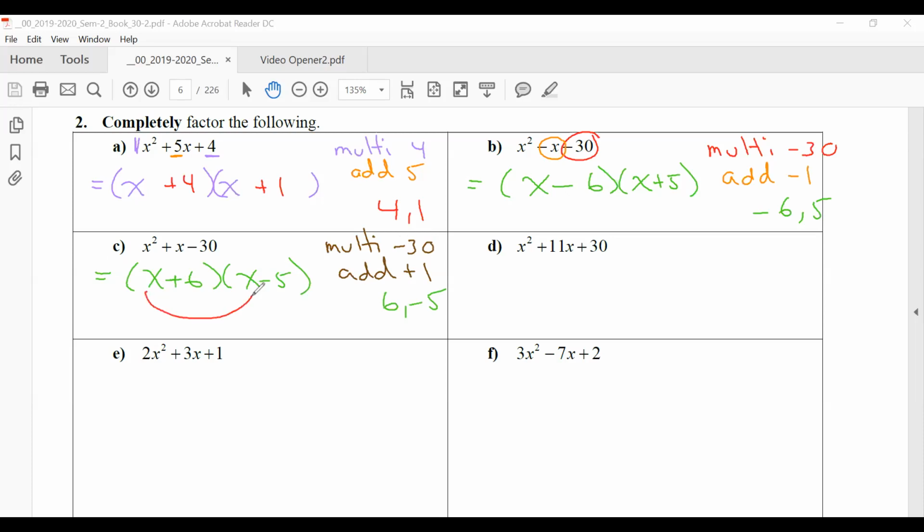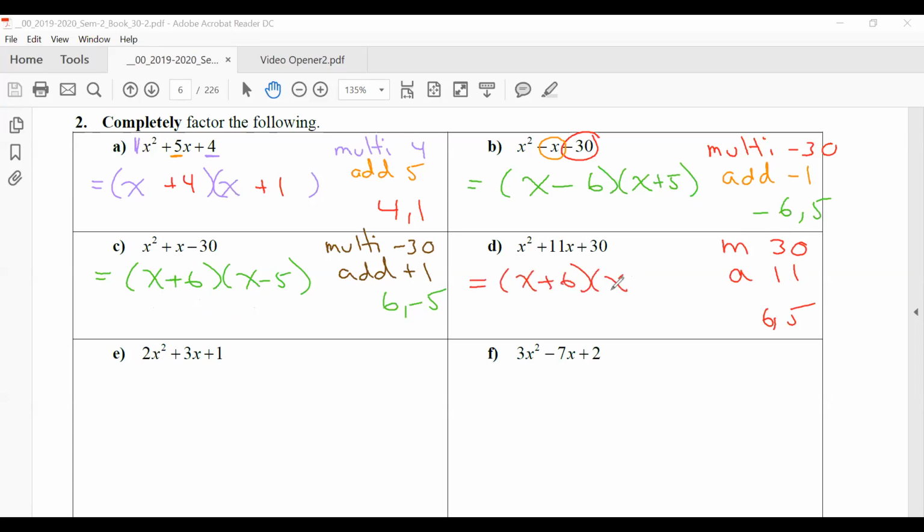I'm doing it in my head though. x times x is x squared, minus 5x plus 6x, well that's going to be plus x, minus 30. You don't see me doing it, but I am on every single question. You can trust me. Okay, next one multiplies to 30, adds to 11. Okay, so my two numbers then have to be 6 and 5.